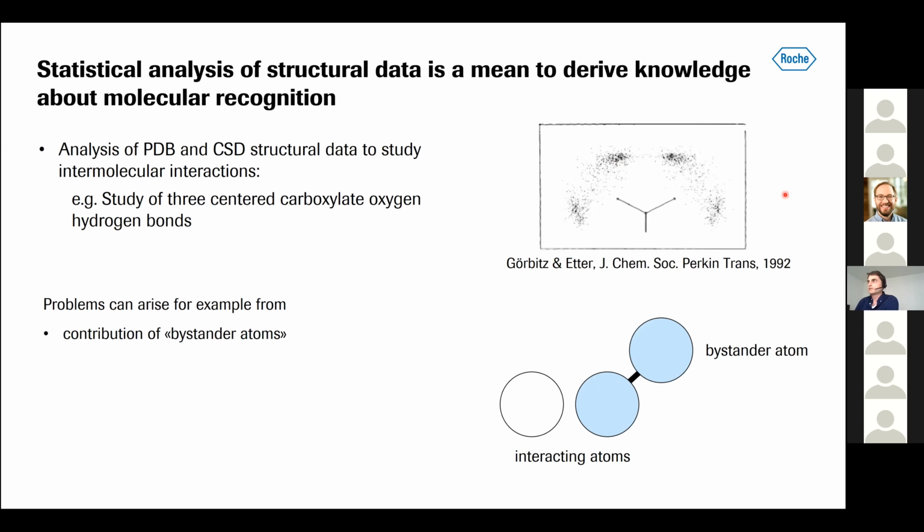Typical problems that arise when you're doing these statistical analyses are, on the one hand, the contribution of covalently bound bystander atoms. By this I mean, when you consider an interaction and you have a covalently bound bystander atom, you might falsely also attribute this contact here as an interaction, even though it just occurs because of the covalent bond.